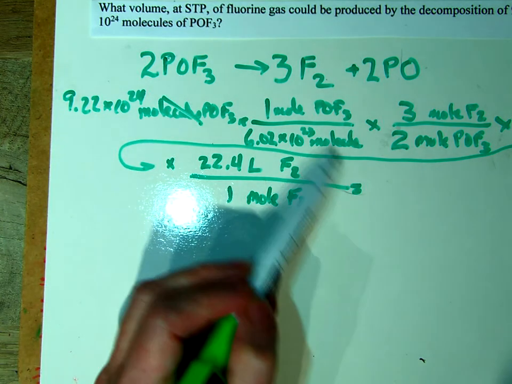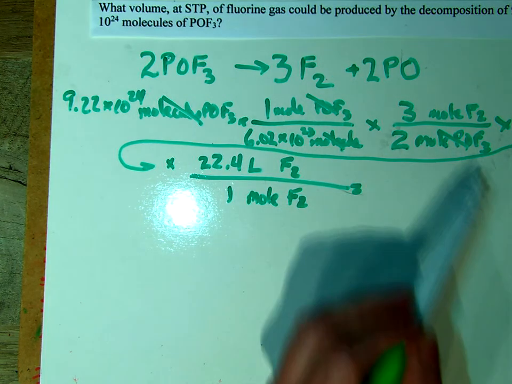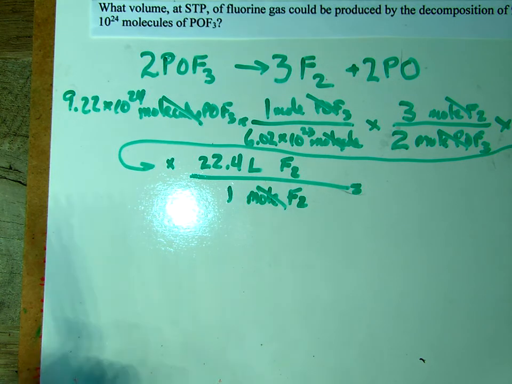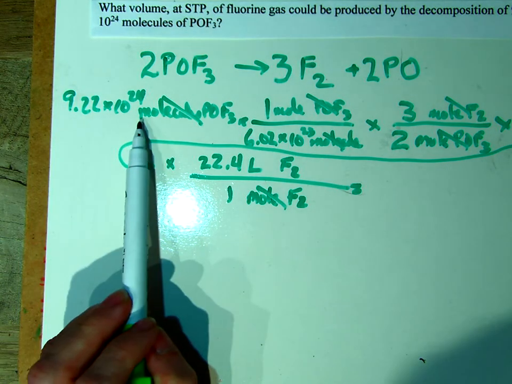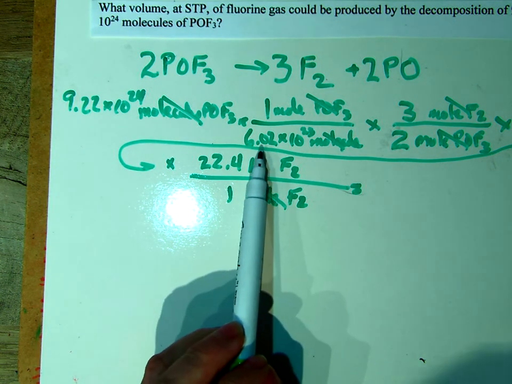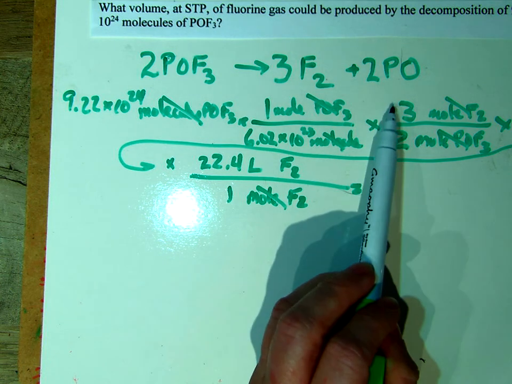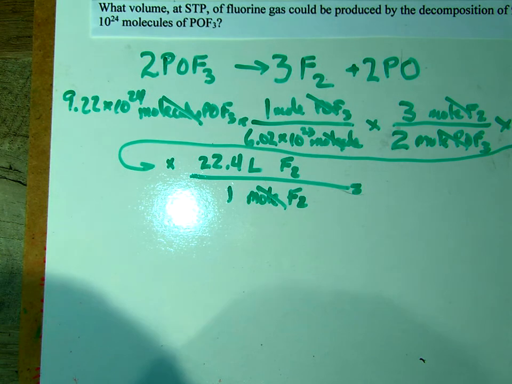So let's look at what we've got here. Molecules of POF3 cancel, moles of POF3 cancel, moles of F2 cancel. When we do our math, it's going to be 9.22 times 10 to the 24th divided by 6.02 times 10 to the 23rd times 3 divided by 2 times 22.4. So let's put that in our calculator here.